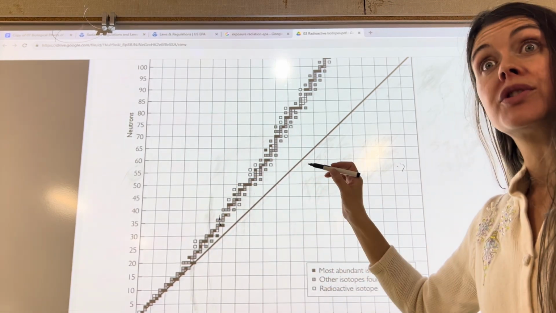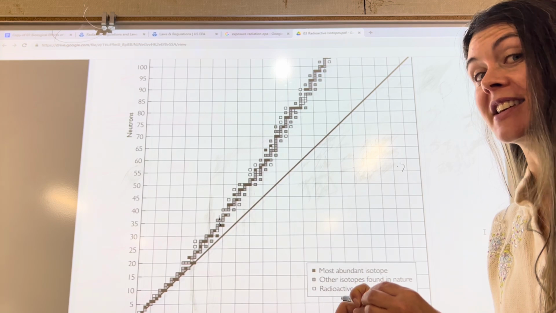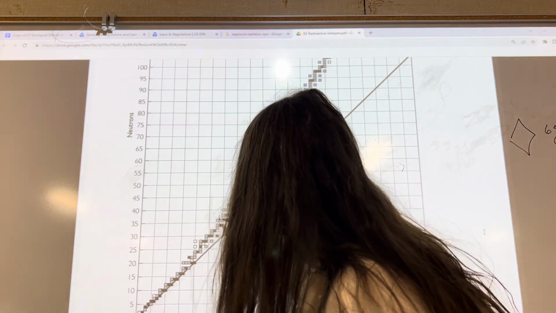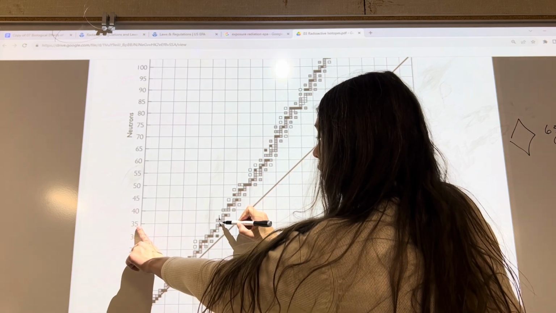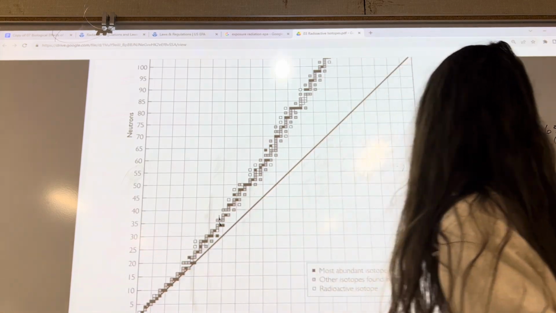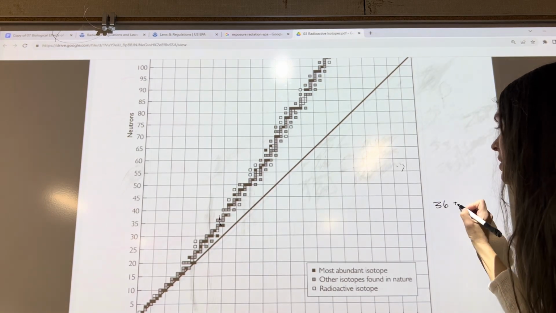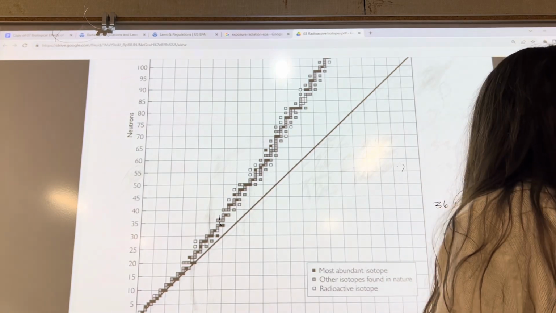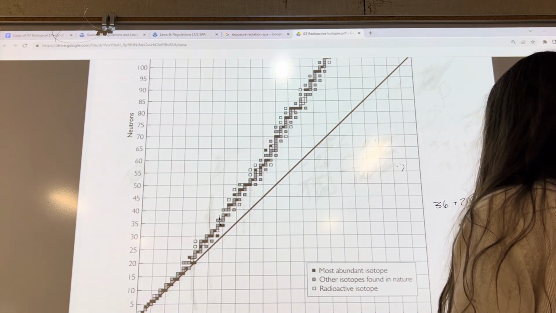So let's find the two isotopes that we're seeing here. For copper, 29, I'm right above the line, so I think it's 36 neutrons for one isotope. So 36 plus 29 is the mass of one of these isotopes.